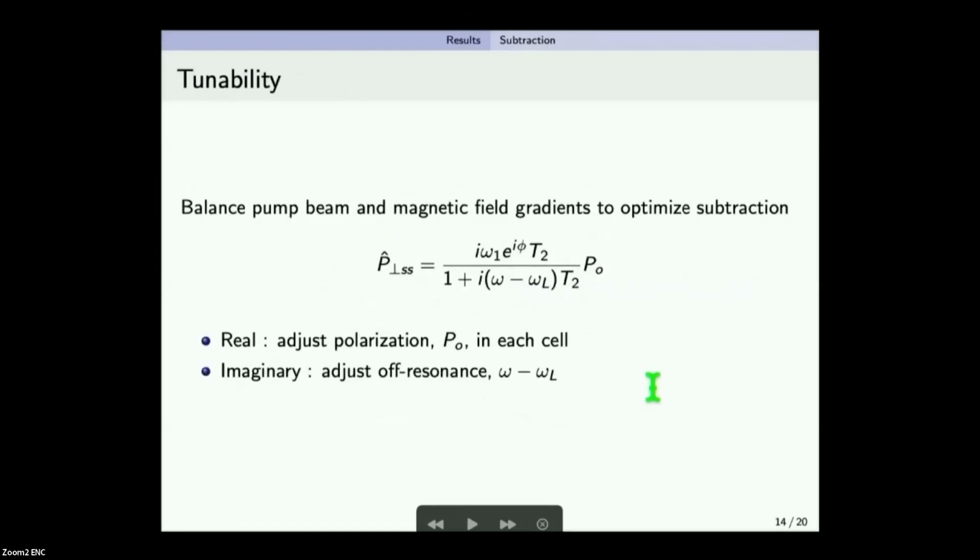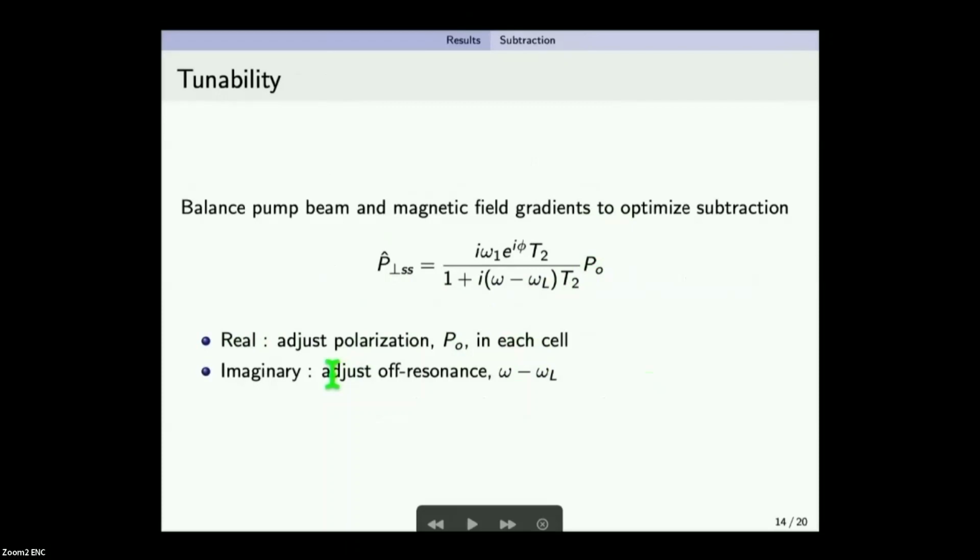So how we actually tune them: since our signals are measuring vector components, you can have a real part of the signal and an imaginary part of the signal. So it's a quadrature detection. You can assign one part of the signal to, say, the pump power, and the imaginary part to the off resonance, to tune them to get this subtraction to work out.